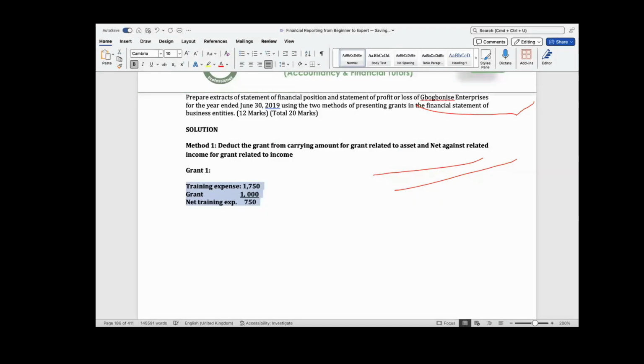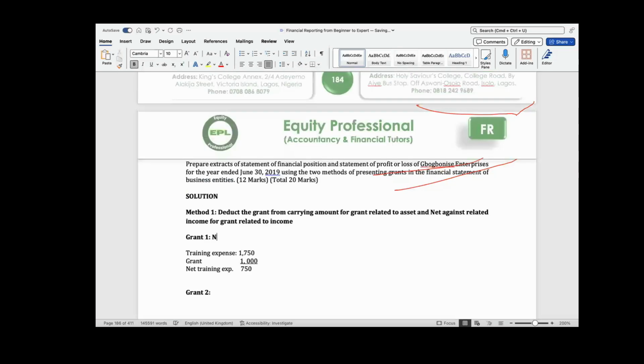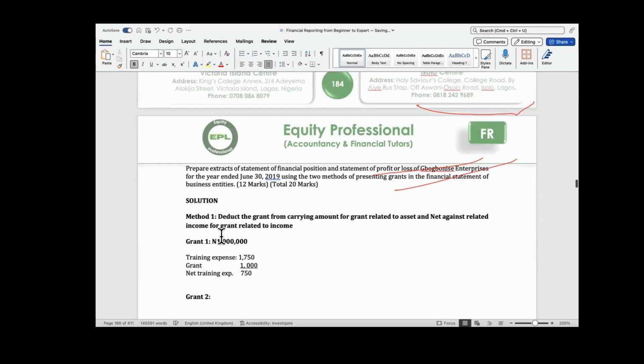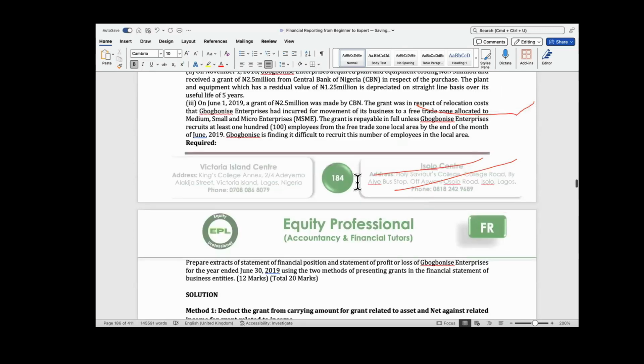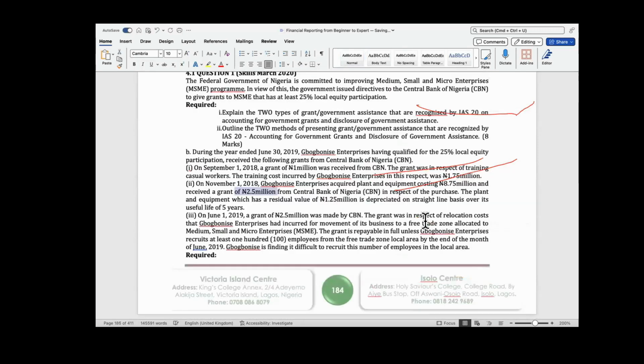So grant two. This grant one was 1 million. How much was grant two? That's 2.5 million, and this is related to assets, right? Okay.